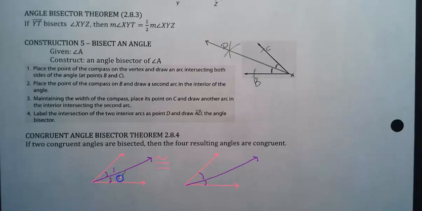So angle 1, 2, 3, 4: I could say angle 1 is congruent to angle 2, is congruent to angle 3, is congruent to angle 4.